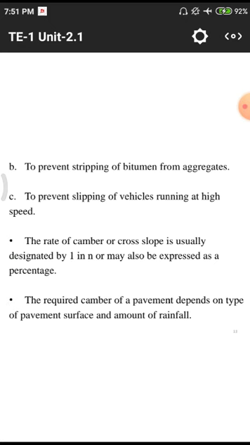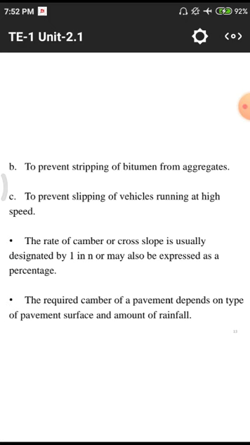That means it splits into a number of parts due to heavy application of wheel load on that particular span, so stripping comes due to this water entrainment and stagnant water. The third point is to prevent slipping of vehicles running at high speed. That means whenever a vehicle moves at a huge speed, there is skidding of vehicles.